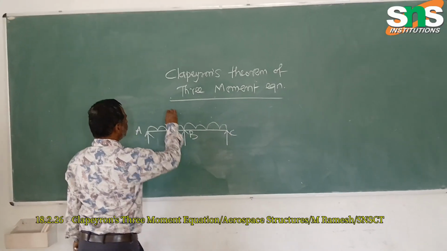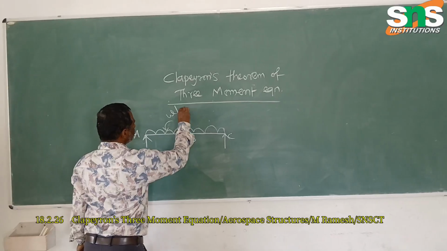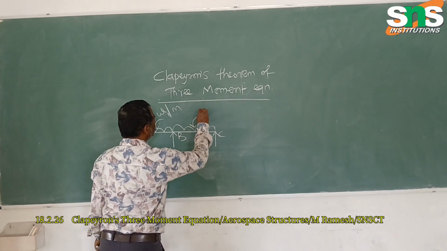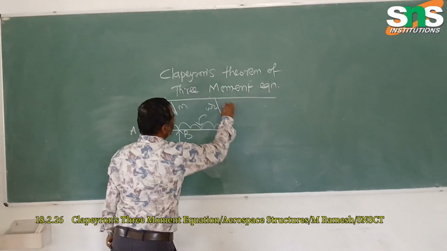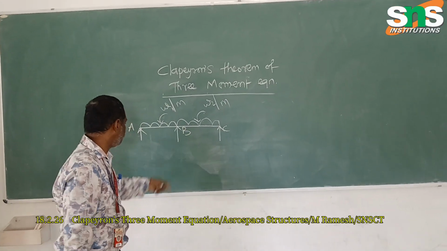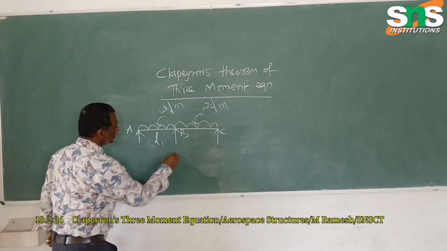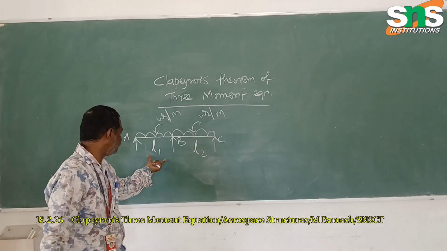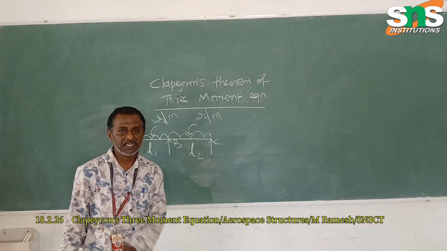Let's take W1 per meter and W2 per meter, that is the intensity of load in the regions AB and BC. Let's take this as L1 and this as L2, the span of region AB is L1 and of region BC is L2.